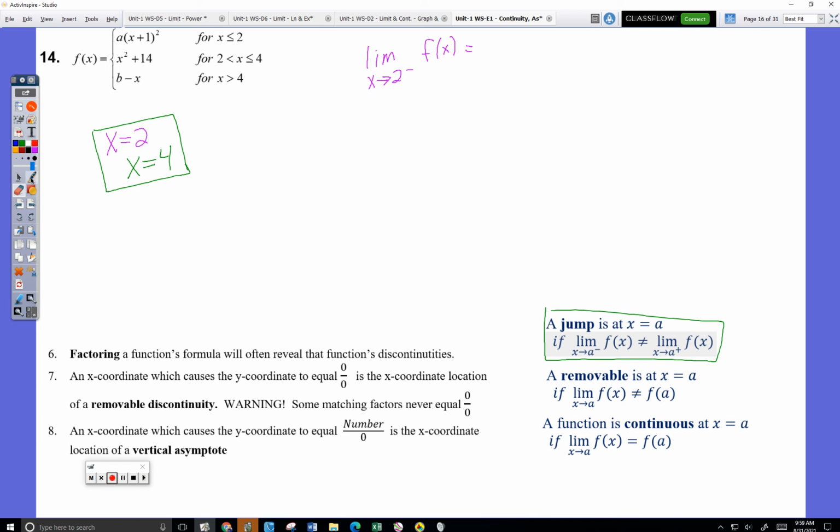That's the formula we want to use. So we're trying to look at an x value that is a little bit less than 2. So we're using this formula, x is less than 2. We're replacing the x with something that's very close to 2. So close to 2 plus 1 is close to 3.